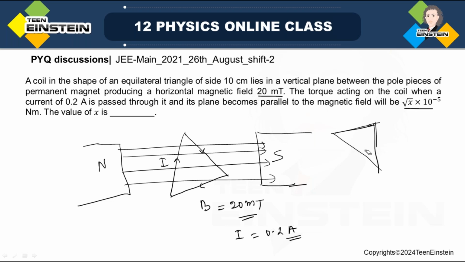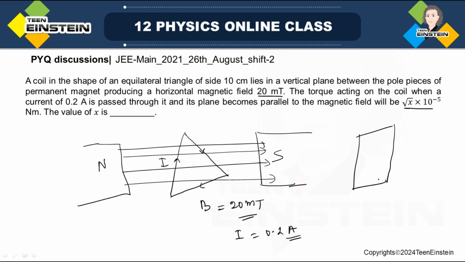So this configuration, when the plane of the loop becomes parallel to the magnetic field. That means, suppose you have a plane. Let me just take any normal plane.